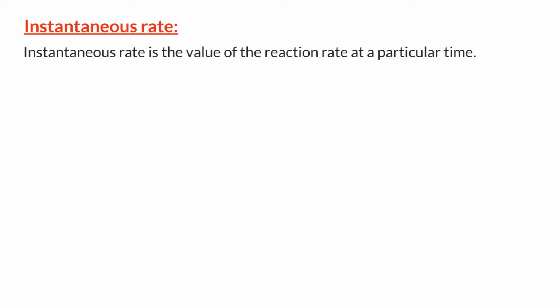Instantaneous rate is the value of the reaction rate at a particular time point. If we take the average reaction rate and pick the smallest possible time interval, that is, the delta t approaches 0, the reaction rate we get is called the instantaneous reaction rate.